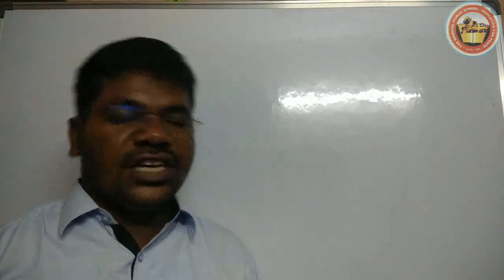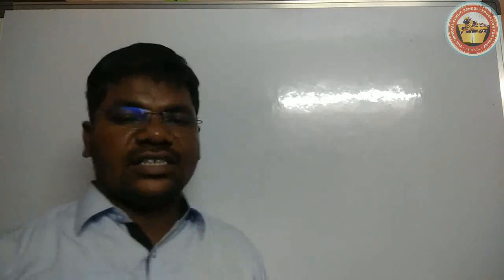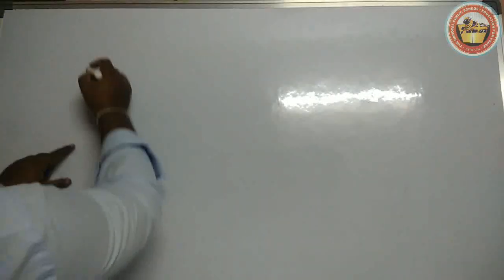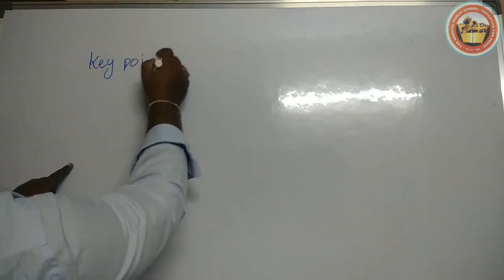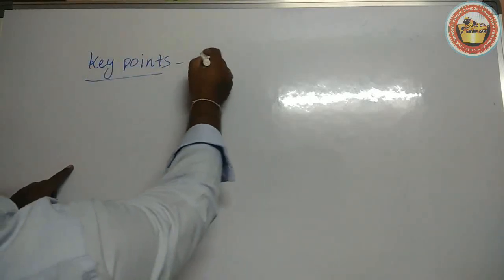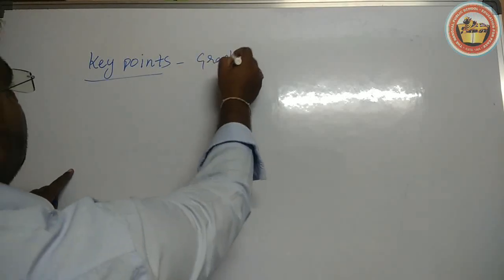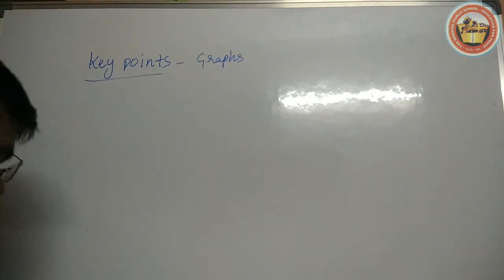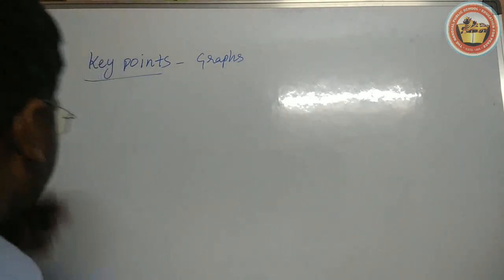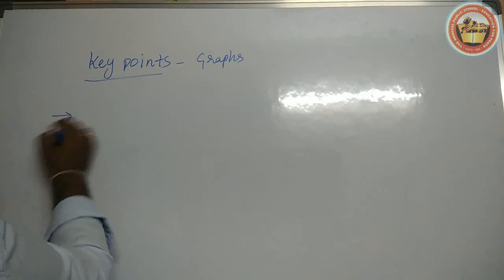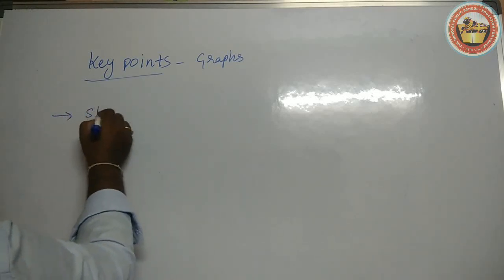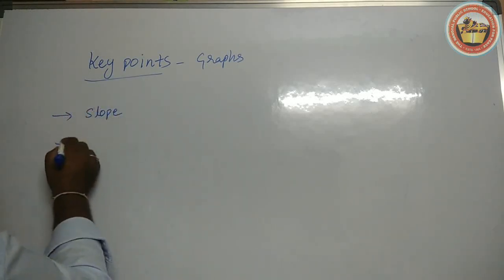Key points of a graph. See here. In this case, first we will know slope and area.